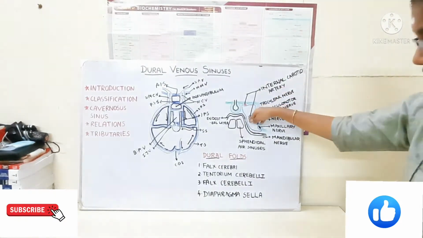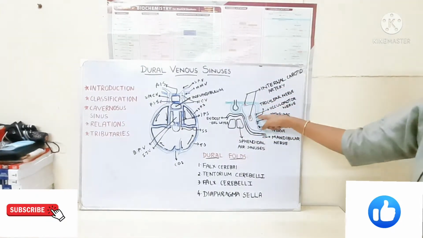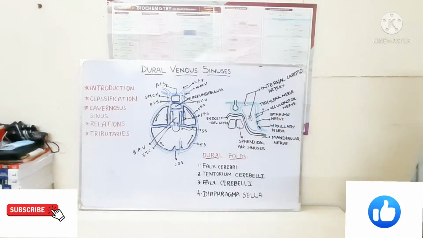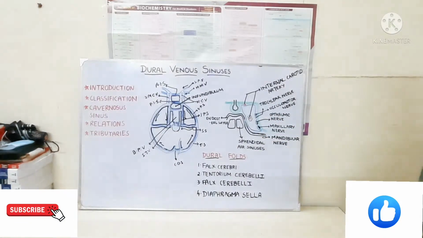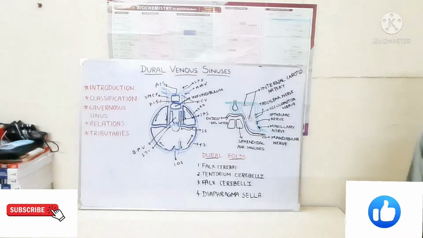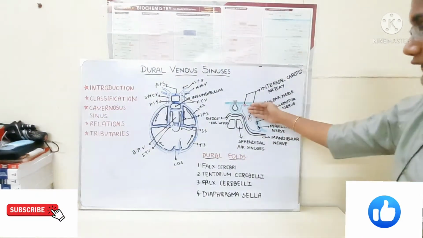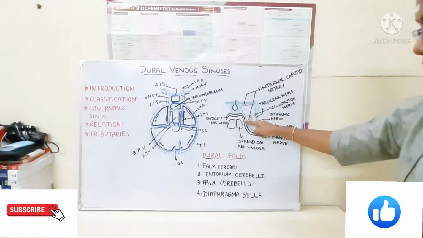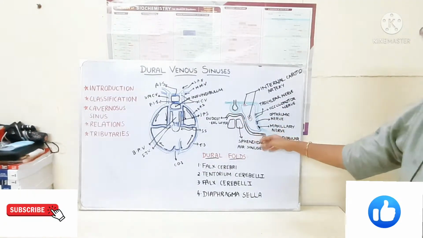It will pierce the sinus from above. So internal carotid artery will definitely be a superior relation. And then the other superior relations are optic tract, optic chiasma, and olfactory tract. And inferior to the sinus, as you can see, there is only bone.